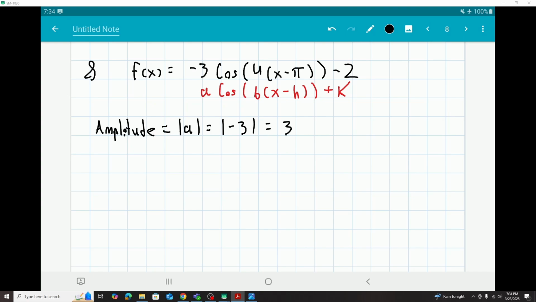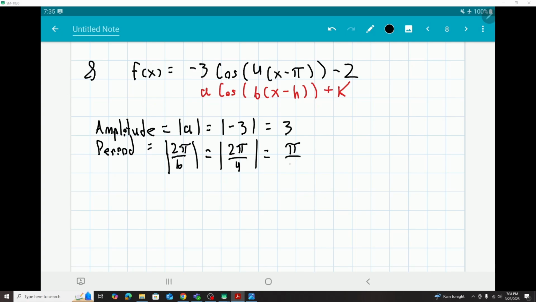The period, for sine and cosine, is 2 pi divided by b. If it wasn't positive, then just make it positive. So that's what we're going to do here. This is 2 pi divided by b, in this case 4.